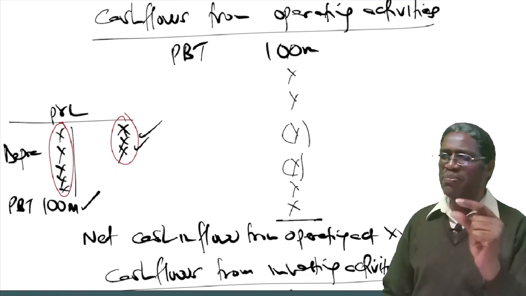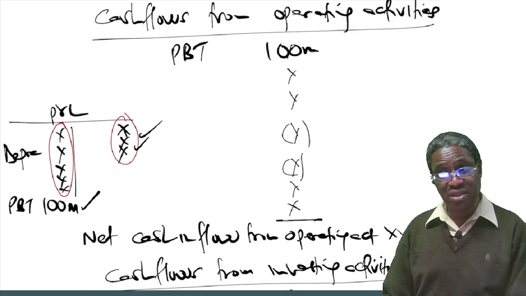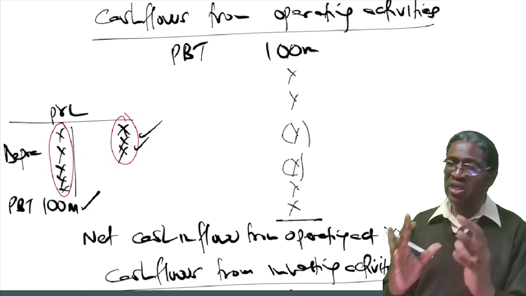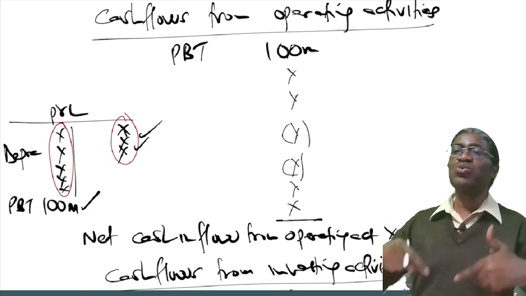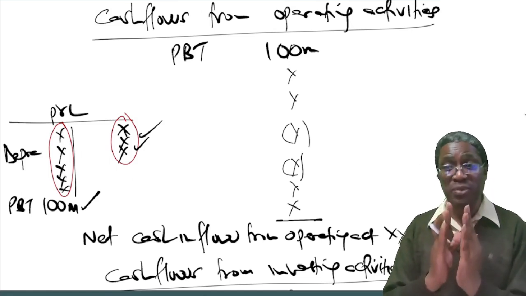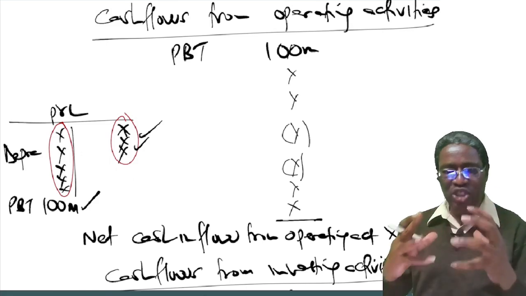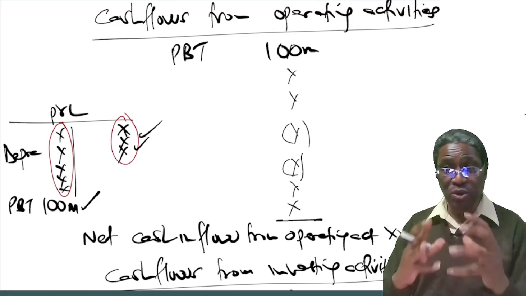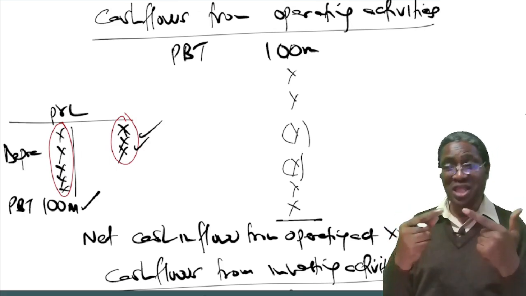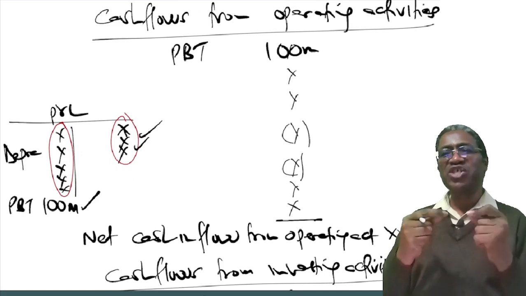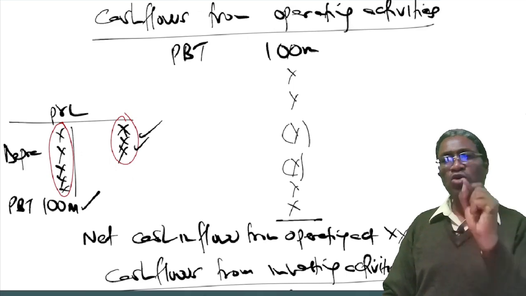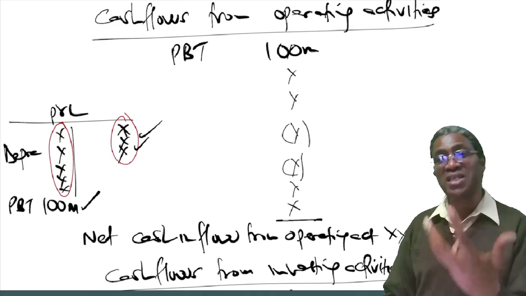By including depreciation in the income statement, from the cash point of view, it means my expenses were overcasted. I'm not saying it was wrong to debit the P&L account with depreciation, no. But from the cash point of view, it means my expenses are overcasted. And whenever expenses are overcasted, automatically profit is undercasted.